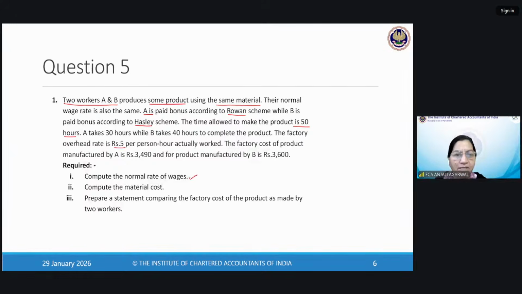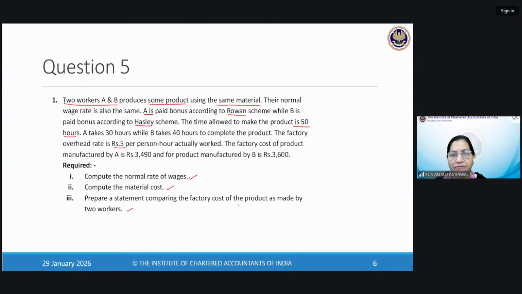You are supposed to calculate the normal rate of wages. How much is the material cost? And we have to prepare a statement comparing the factory cost of the product as made by the two workers. So here we know that there are two workers A and B, both being paid at the same normal rate of wages but under different plans, same material cost, and they have taken different time to complete the job.